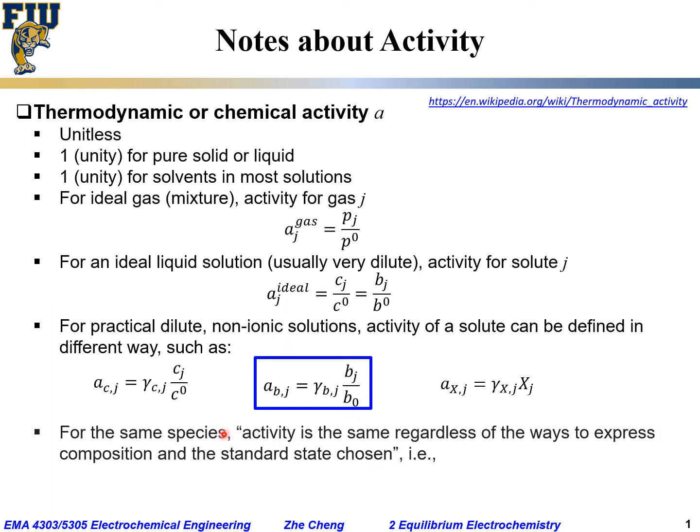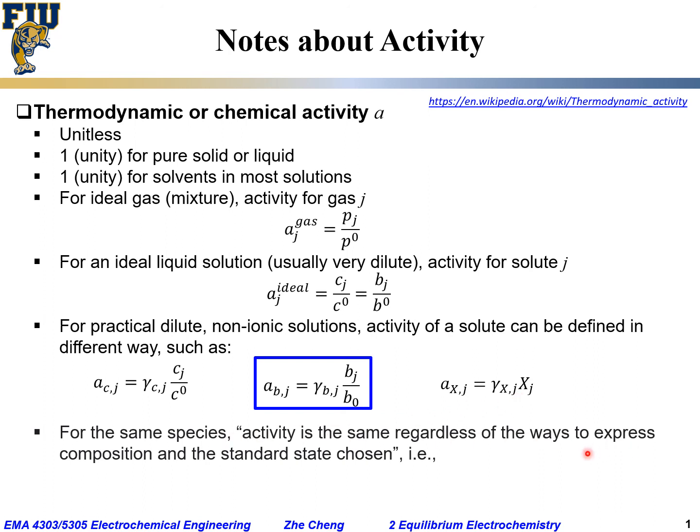And for the same species, the activity would be the same regardless of the way you express composition, whether it's mole per liter, mole per kilogram of solvent, or mole fraction.